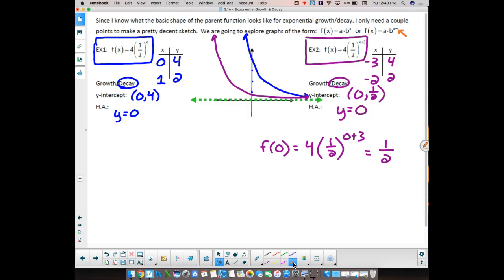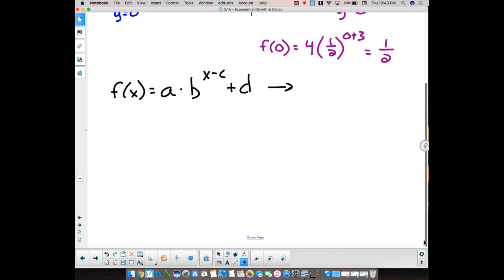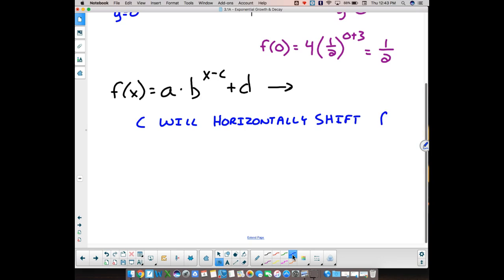Okay, so C is the horizontal shift of f of x.